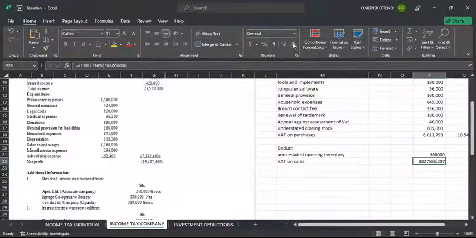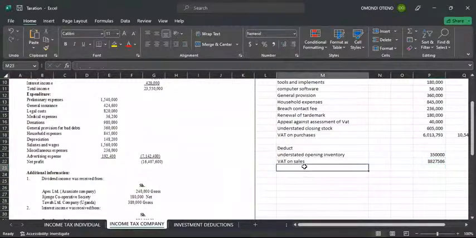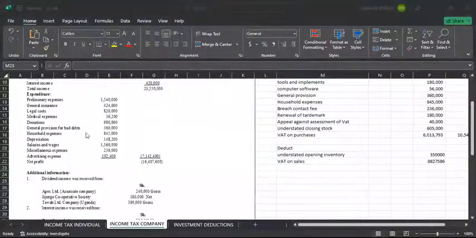So that is the VAT. That is the VAT which was exaggerated on sales, which should not be recognized as revenue. So that's why we are deducting it there.